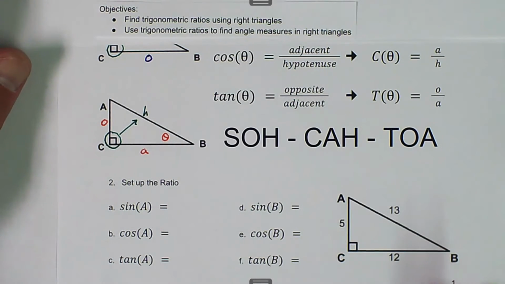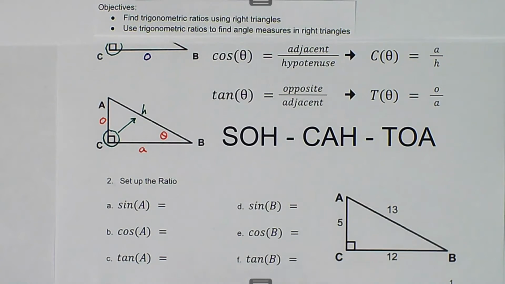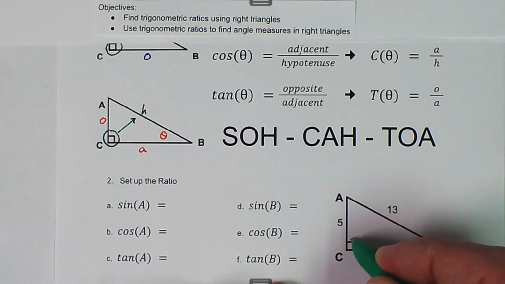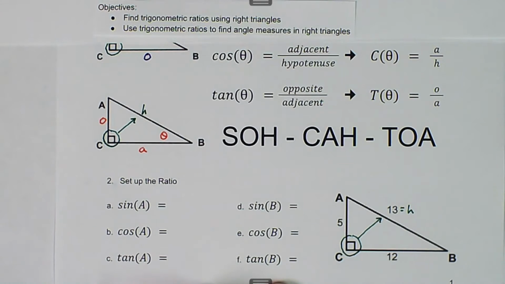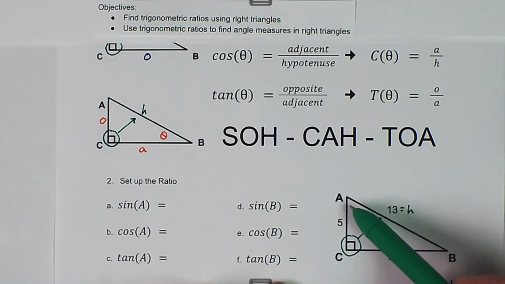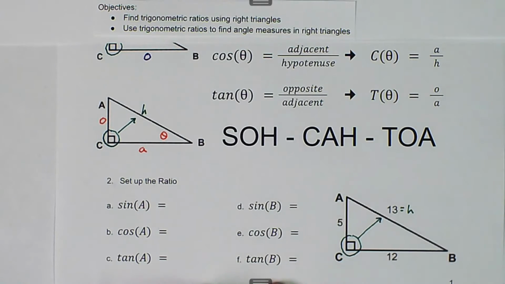So here we have the sine of angle A. For this example, the hypotenuse is always going to be the same. 13 is always going to be the hypotenuse. However, adjacent and opposite are going to change depending on which angle of reference we're talking about.